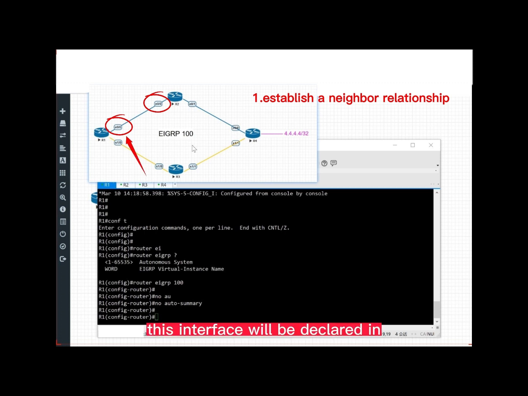This interface will be declared in EIGRP, which starts to send hello packets out. The left interface of R2 is the same. So if we are using EIGRP to declare, first declare your direct connection. As long as a device wants to establish a neighbor relationship with the peer, both ends must declare the direct connection to each other. This is the first step.